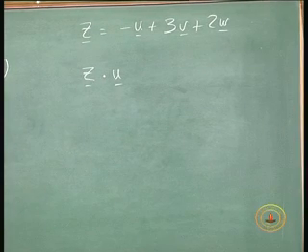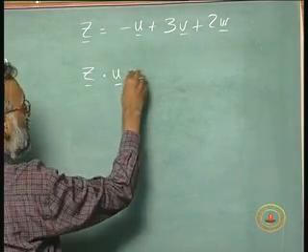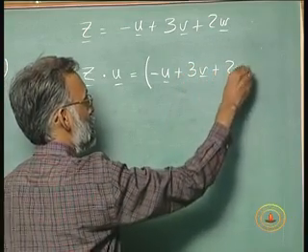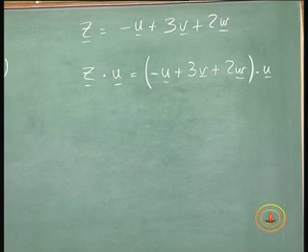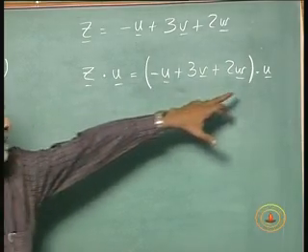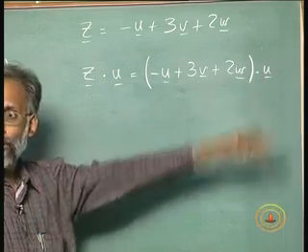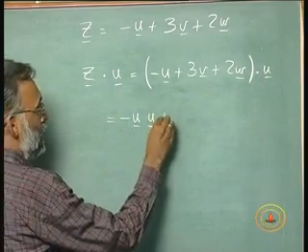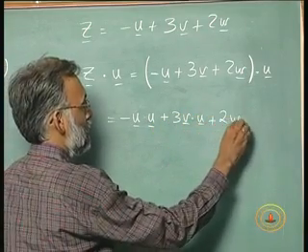So, I do dot product z dot u. Well, z is already given to me. So, I can write minus u plus 3v plus 2w dot u. Now, this dot product is distributive. That means, if I have a sum of vectors dot u, that sum can be pulled out. So, it can be written as minus u dot u plus 3 v dot u plus 2 w dot u.